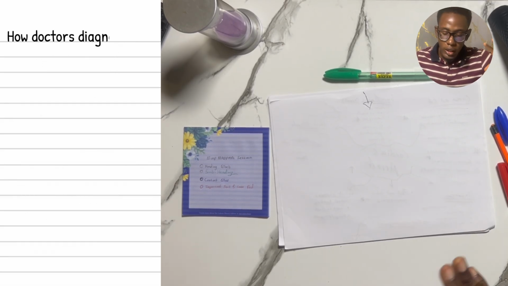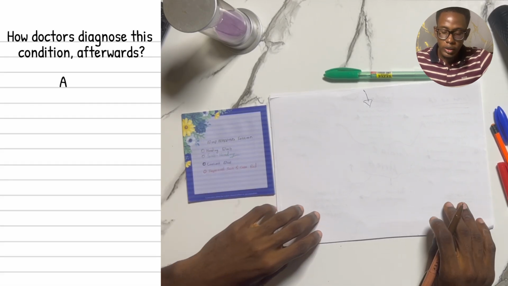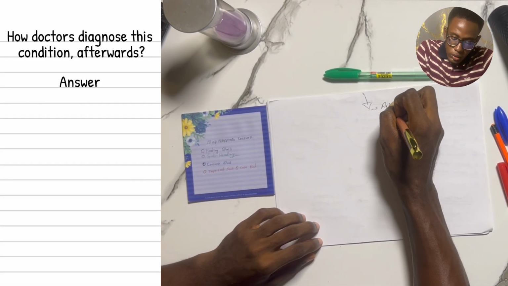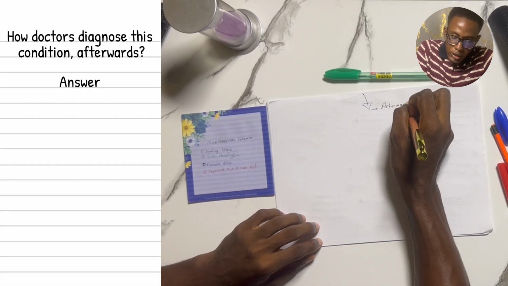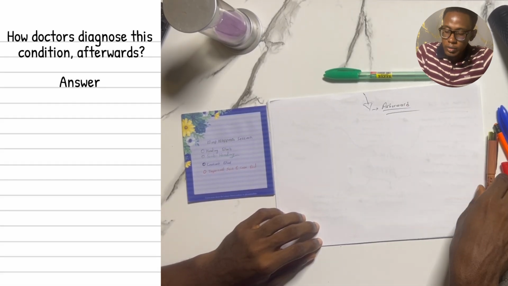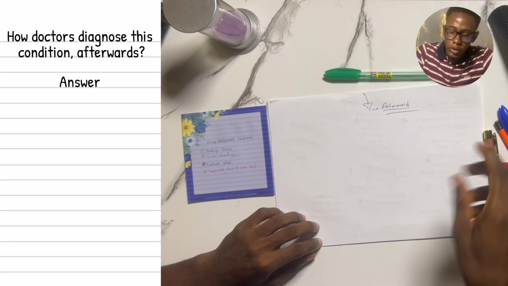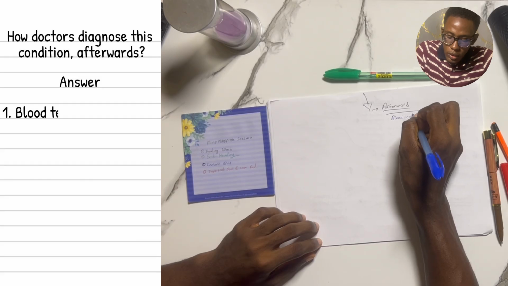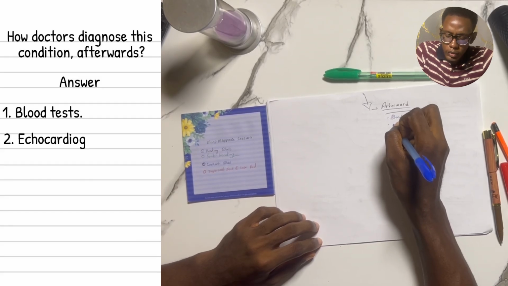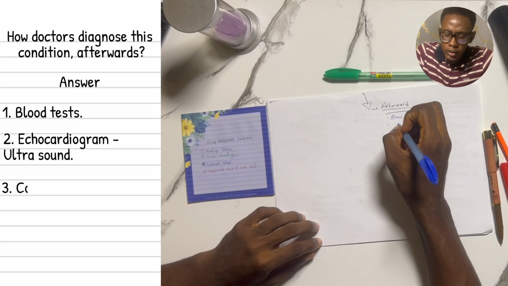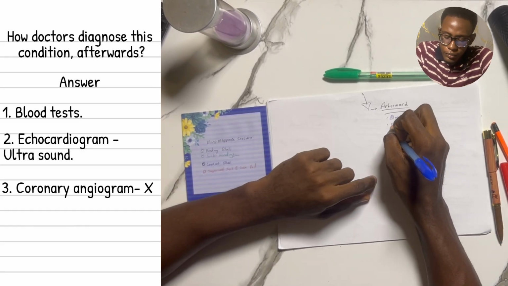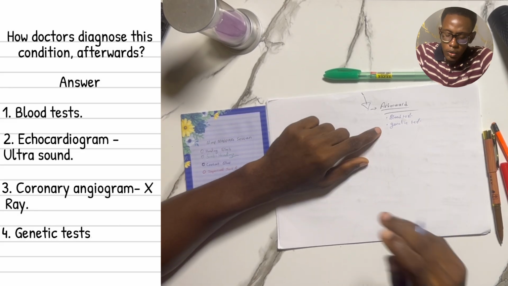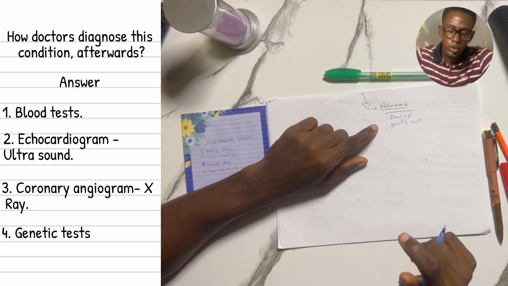Okay, so how do doctors diagnose these conditions afterwards? When the person is finally made stable, the doctors run certain tests. First of all, they run your usual blood test, then a genetic test, or heredity test also.